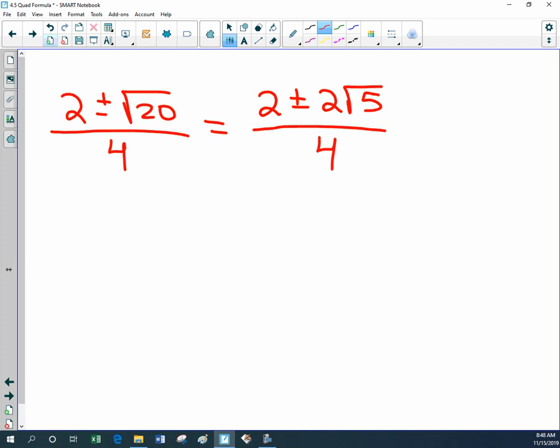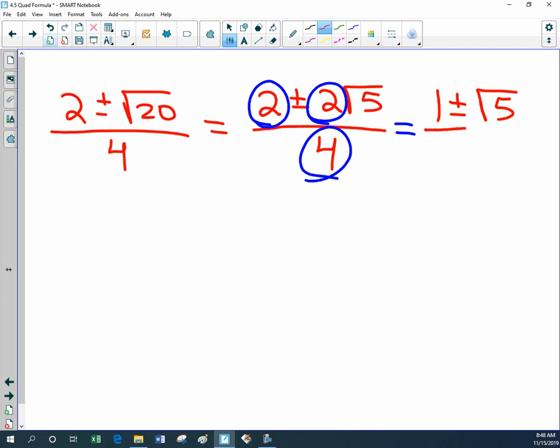Okay, so now to simplify this, all 3 of these numbers have to be divisible by the same thing. They're all divisible by 2. So this would reduce to what? 1 plus or minus square root 5 over 2.